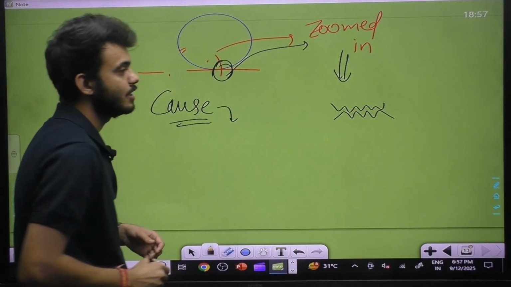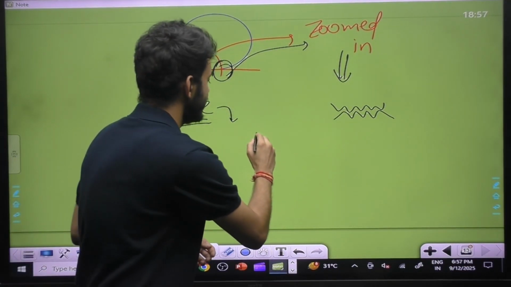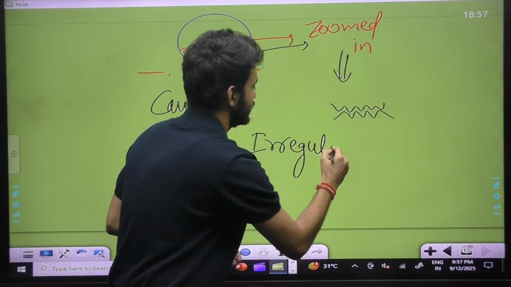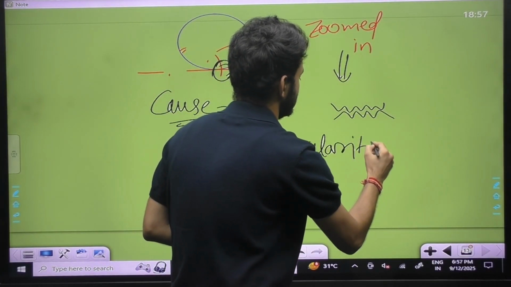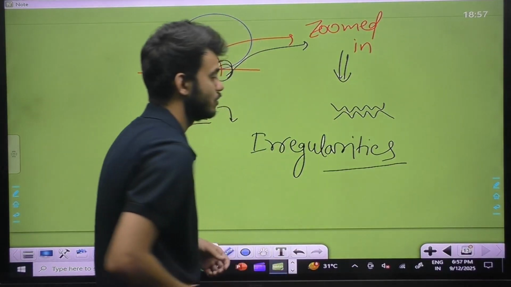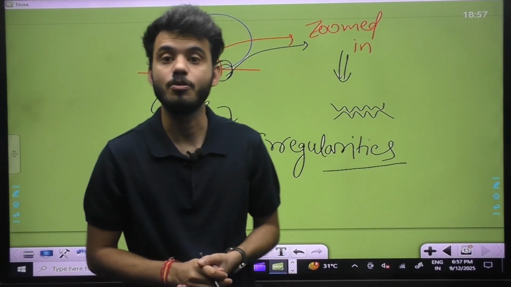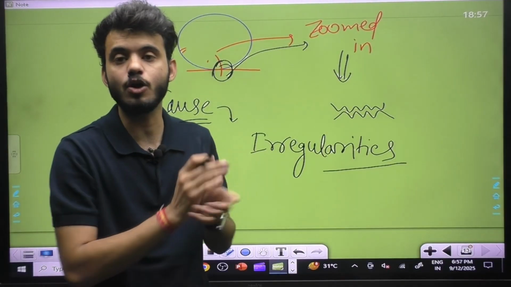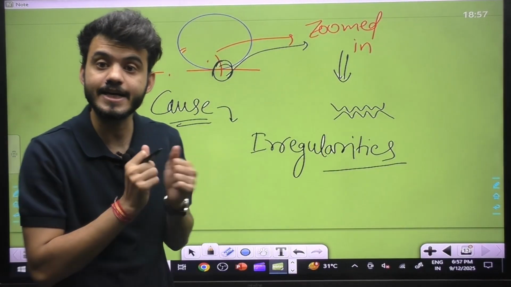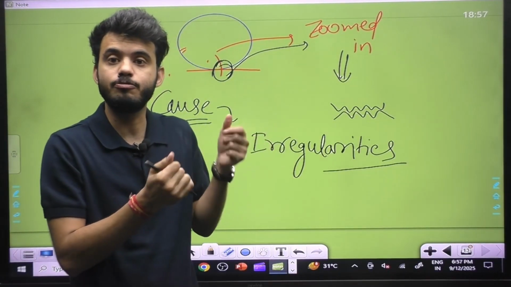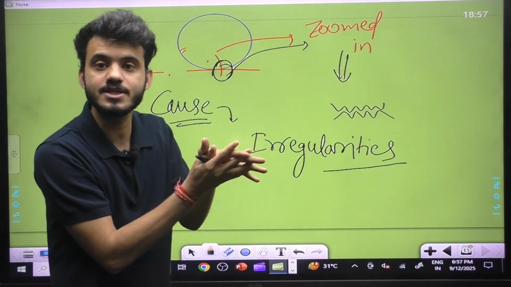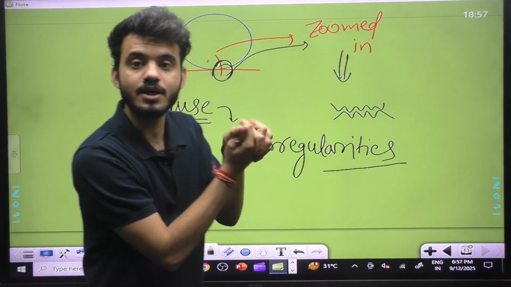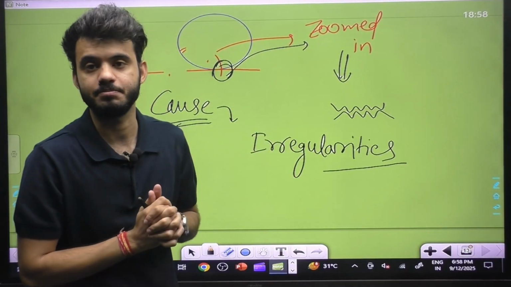What is the cause? Because there are irregularities present on the surfaces of objects. They kind of intertwine with each other, they kind of interlock with each other, and because of this interlocking or this sort of bond formation between two surfaces, it kind of stops each other or opposes the relative motion between them.